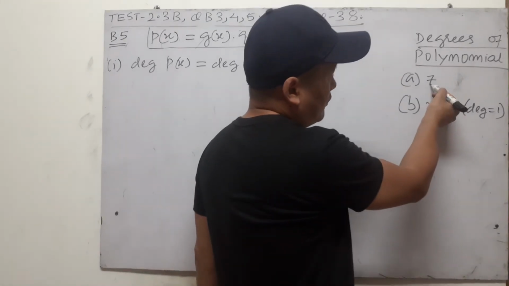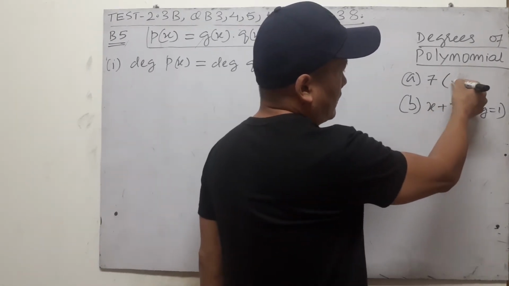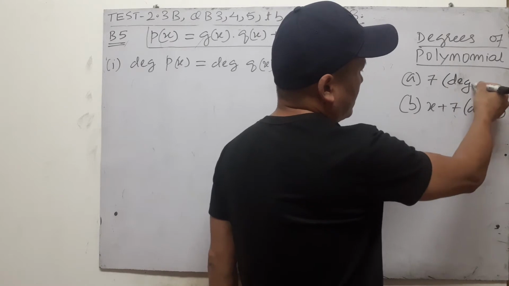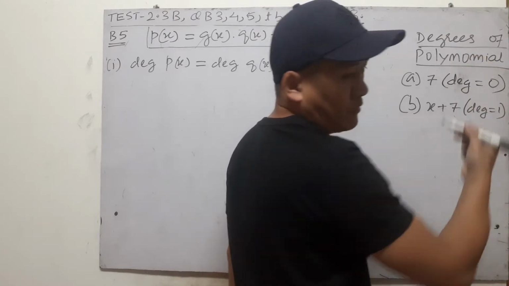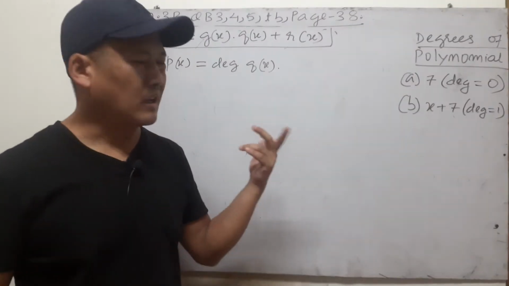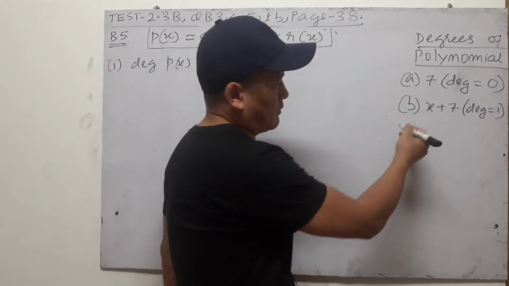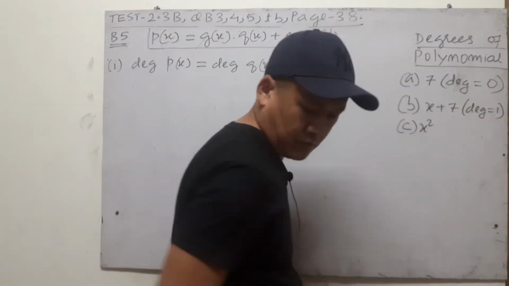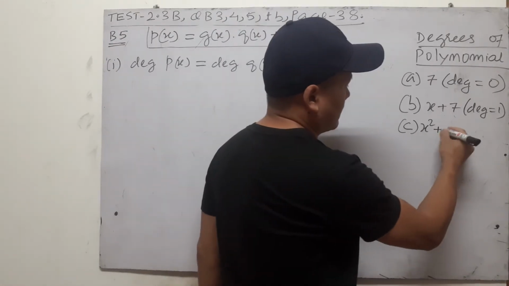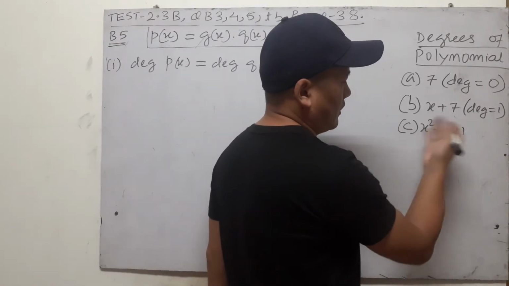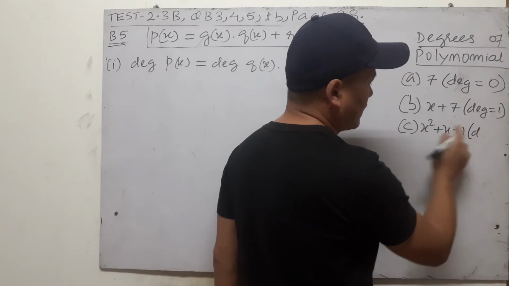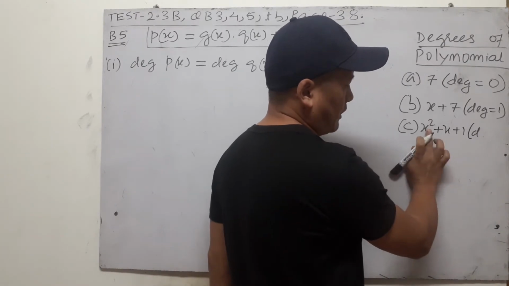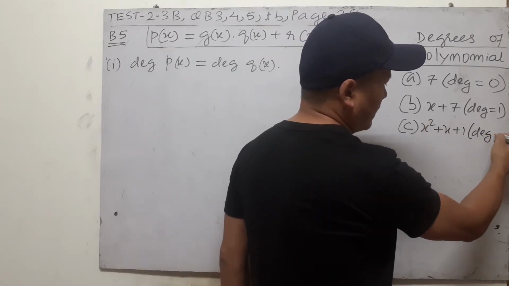Now here there is no x, so there is no power of x, so that's why we call the degree of a constant number 0. They are also called constant polynomials for convenience. Then let us say we have x squared plus x plus 1, the third example, just taking random examples. Highest power of x here is 2, so the degree will be 2.